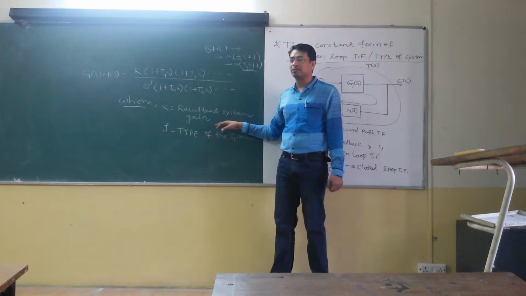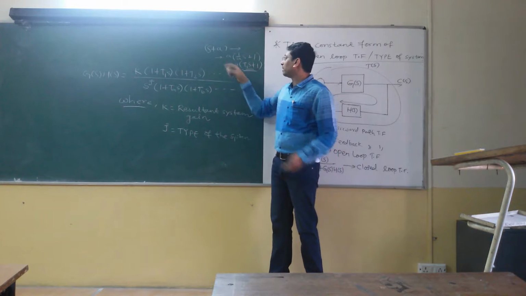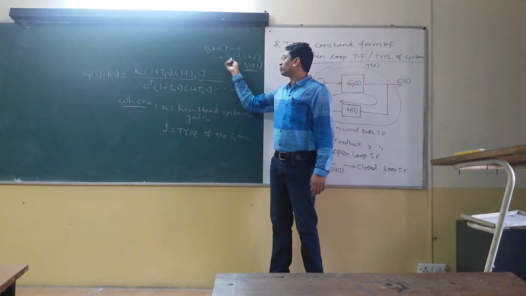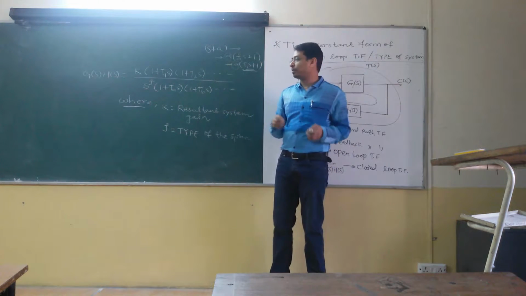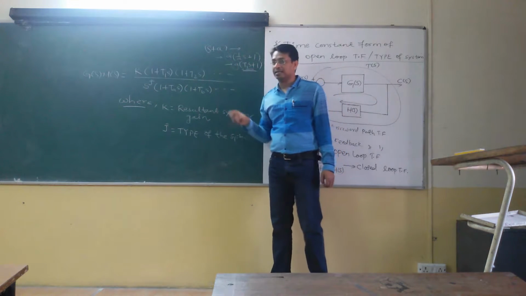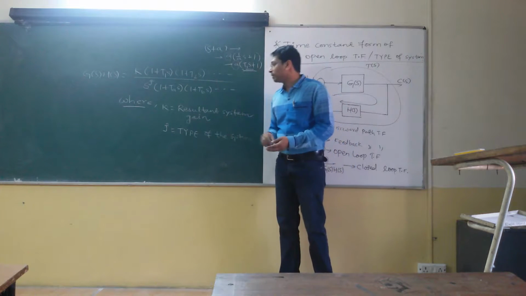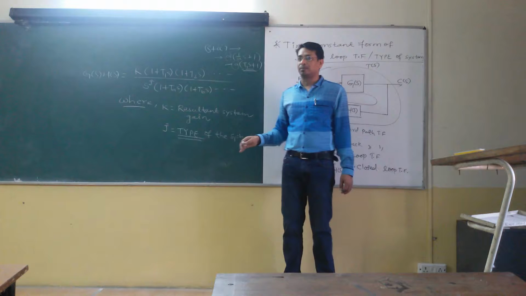Why is it the resultant system gain? Because there can be multiple components in your system, and taking such constants common, a, b, c and so on, K is the multiplication of all such gains. And this j is the type of the system.